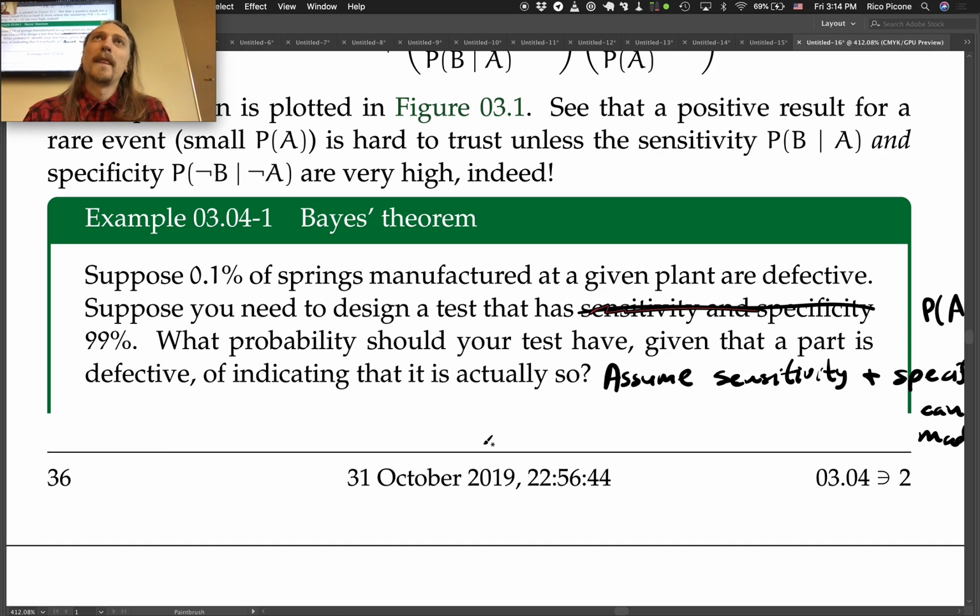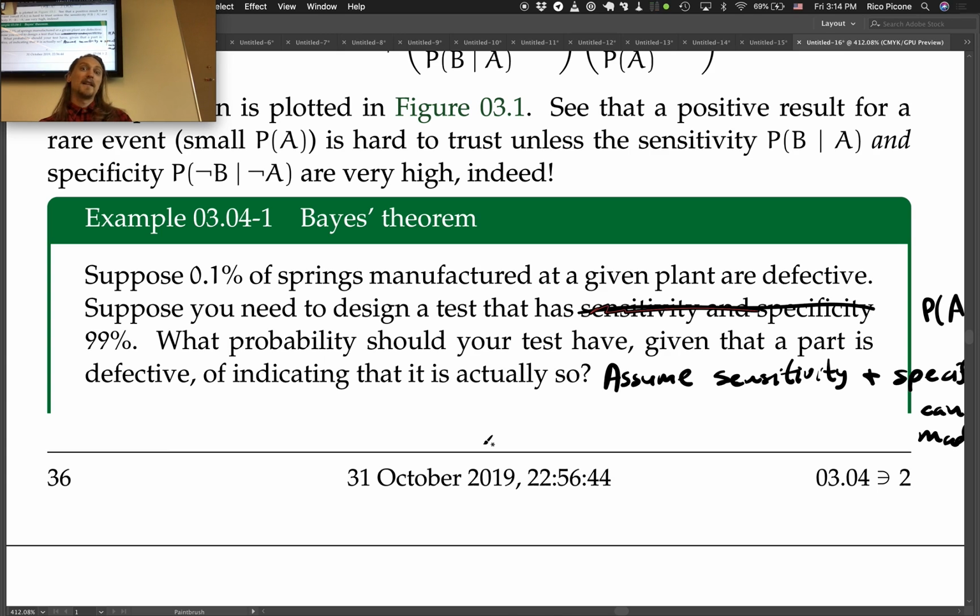So you could find out what your sensitivity is. Knowing what your sensitivity is before you've created your sensor or whatever is hard to know, but you would then test it, right? You'd say, okay, I'm going to put through bad parts and see how frequently it catches the bad parts.